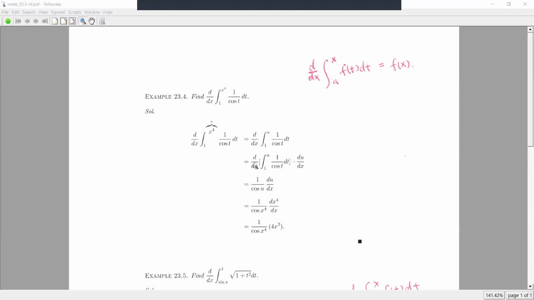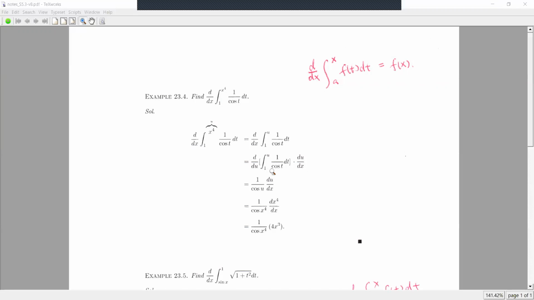To cancel this du, I put a du in the numerator. This du and this du can cancel each other. Don't forget dx. Put dx here. Actually, this step is the chain rule. Now we have two derivatives, this derivative and this derivative.